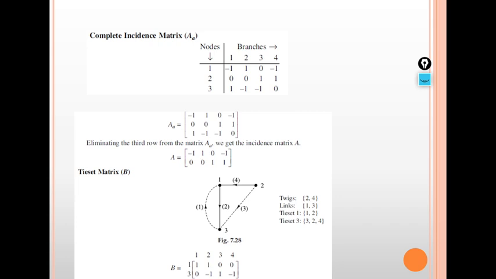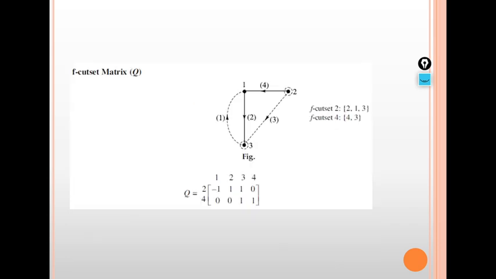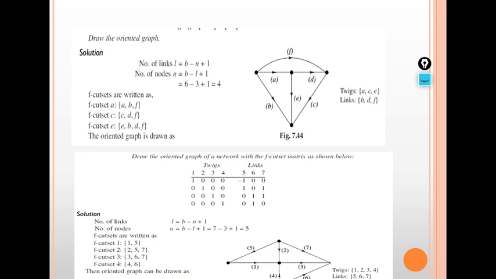So this is another incidence matrix. Now this is another problem, to draw the oriented graph from this.